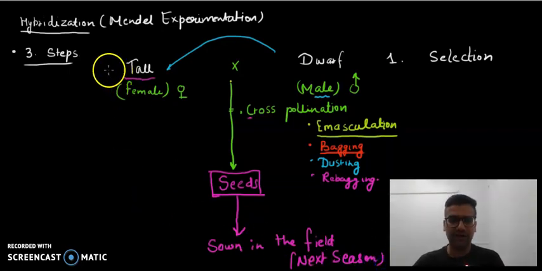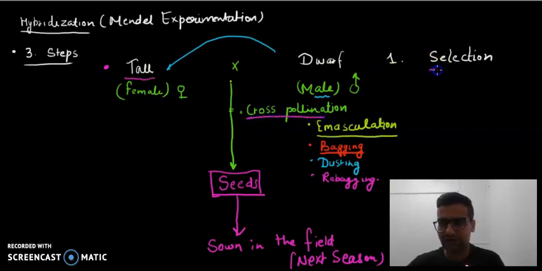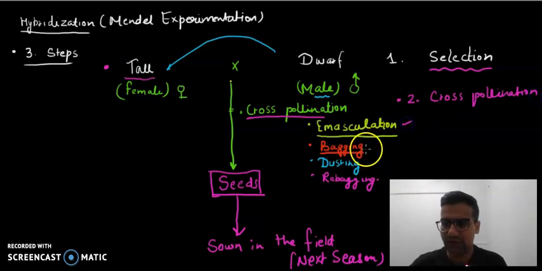So he took the selected parent plants and did cross pollination. The first part is selection, and the second part is cross pollination. In cross pollination, he did emasculation, bagging, dusting and rebagging, and obtained seeds. These seeds were sown in the field for the next season, and the results were observed.